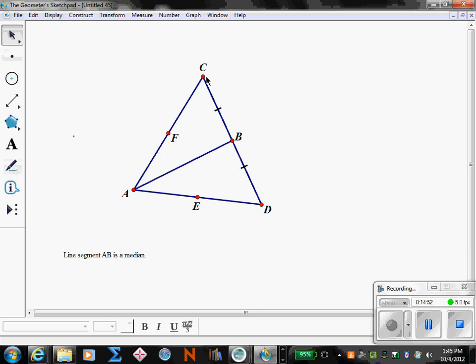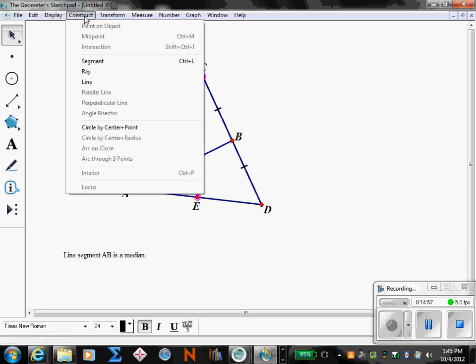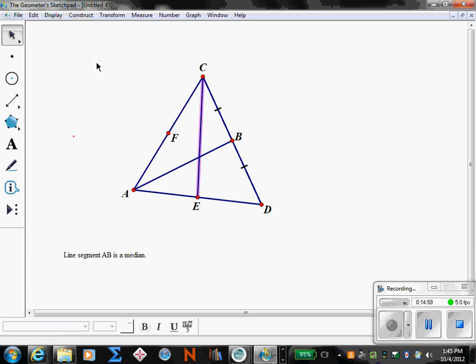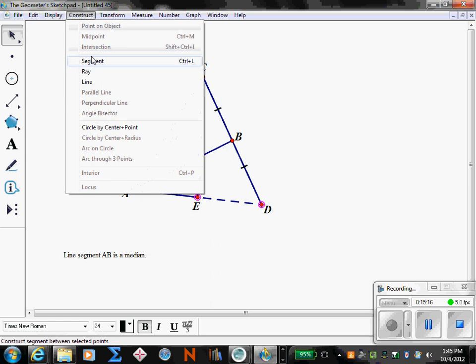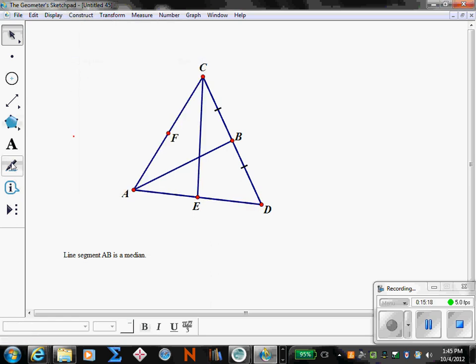So if I highlight C and highlight E and say construct segment, line segment CE is a median. I want to make the appropriate mark, so I'm going to construct AE as a segment, ED as a segment, and then I can use my pen and mark them.